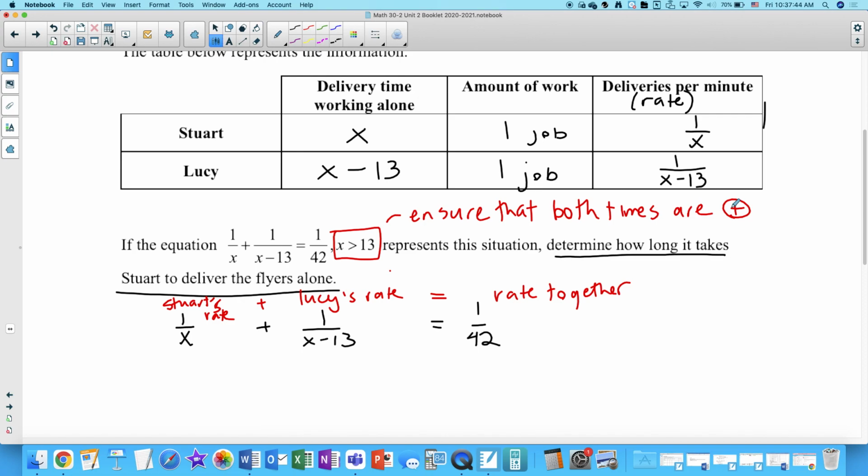There's 3 denominators. They're all factored. Are any of them identical? No. So what's the LCD going to be? 42 times x minus 13. Exactly. It's all of them multiplied together. 42. I'll switch back to black, actually.